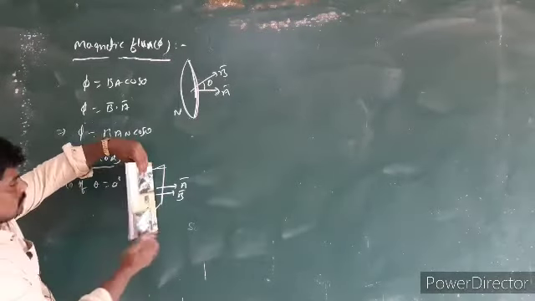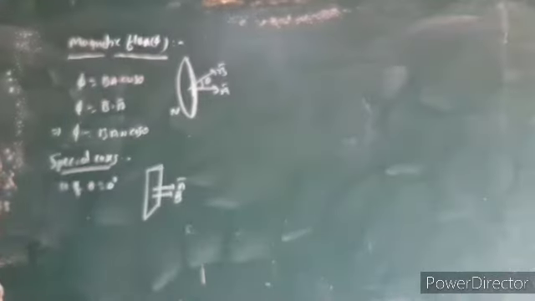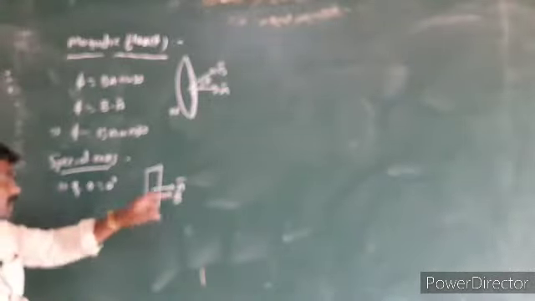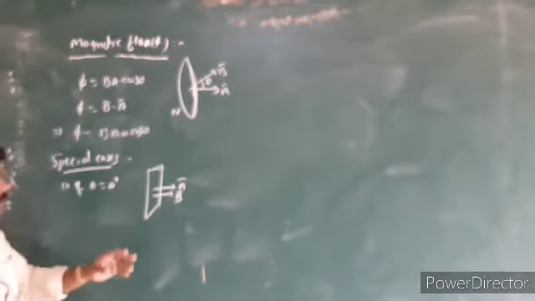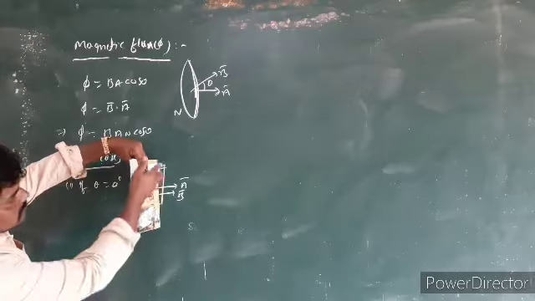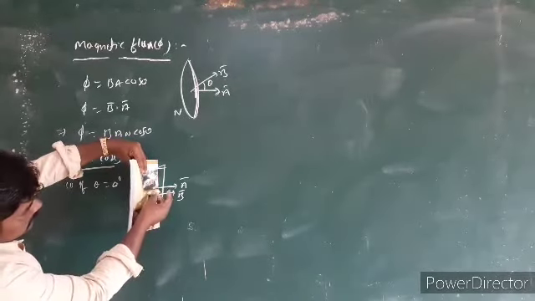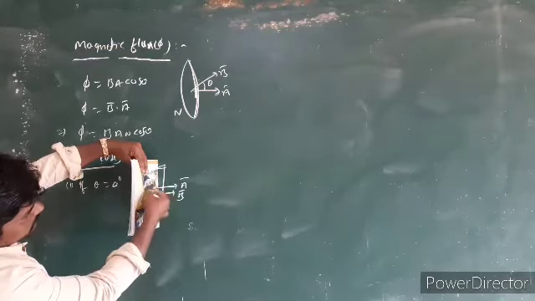Area vector and magnetic field parallel means the magnetic field is perpendicular to the plane of the surface. This is the closed surface. Now the chalk piece represents the area vector, and the magnetic field is also like this.